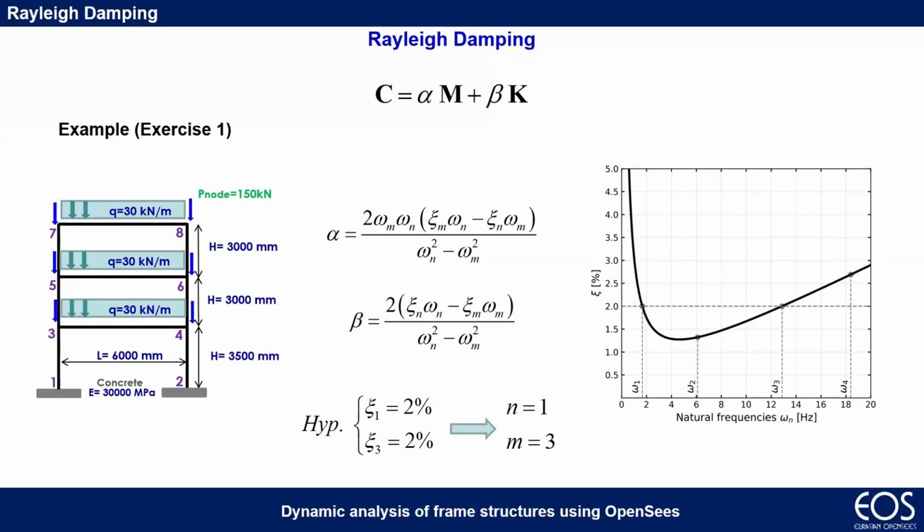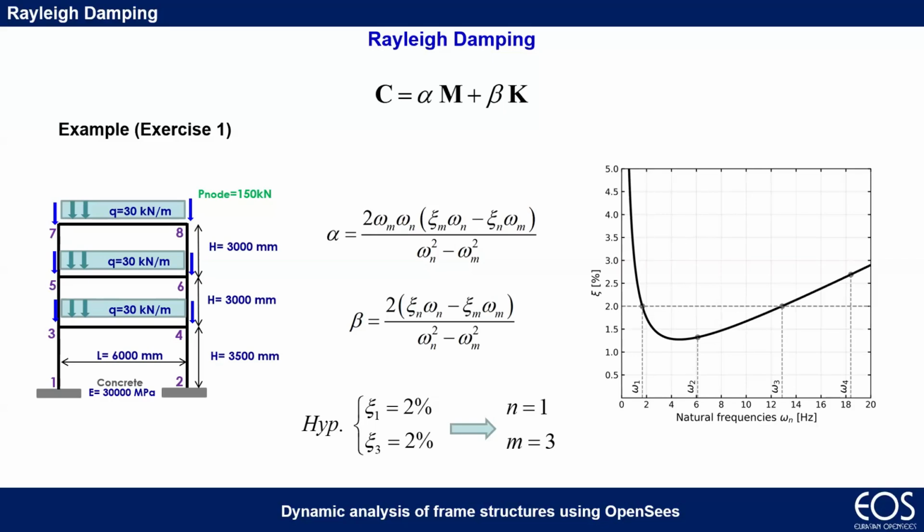Or the critical damping ratio as a function of frequency. This is a typical way to do this type of analysis, how to declare the Rayleigh damping. You have only to pay attention to one thing. Rayleigh damping is good, why is it good? It is related to the shape of the Rayleigh damping.